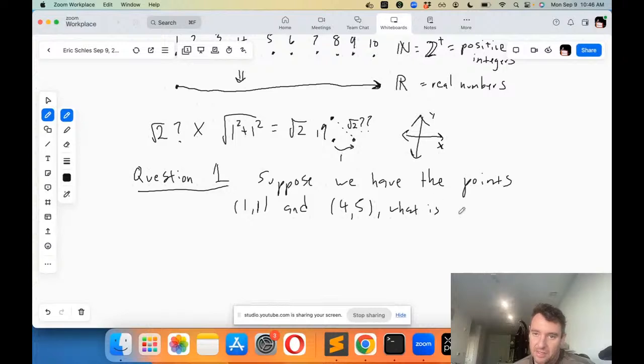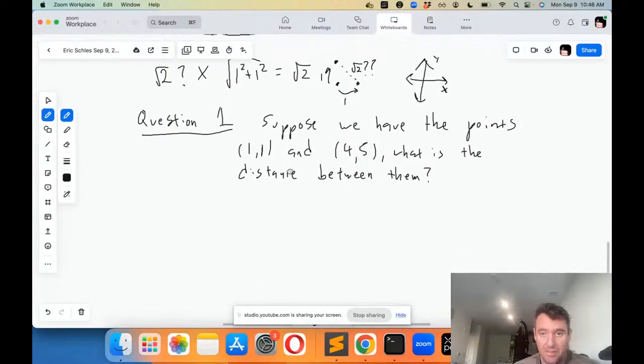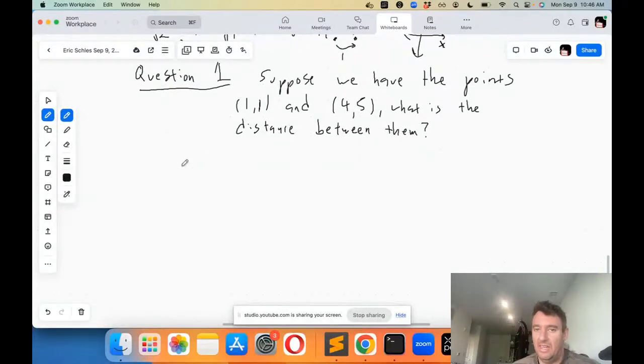What is the distance between them? You can ask that question, and you can answer it in a very straightforward way. You just apply the formula, plug and check. So we have (4 minus 1) squared, and this is hopefully just intended to be a reminder, just to go through one mechanical example.